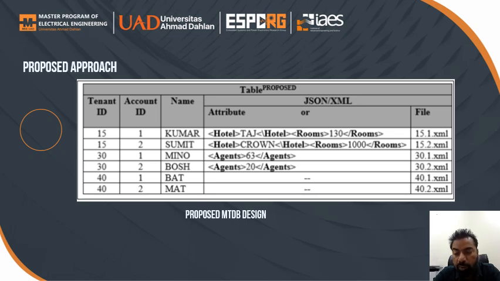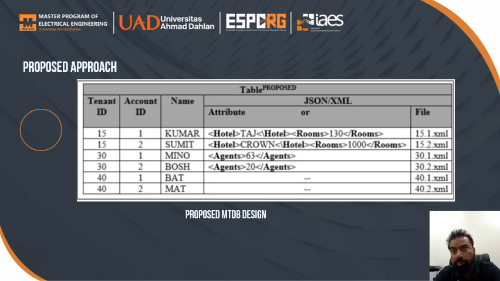Also, we intend to go for a multi-tenant database design because we know that the requirements of tenants can differ. We can never design a single table which can accommodate all the requirements of varied tenants. The requirements of different tenants can be different, but there can be certain key attributes that are common.